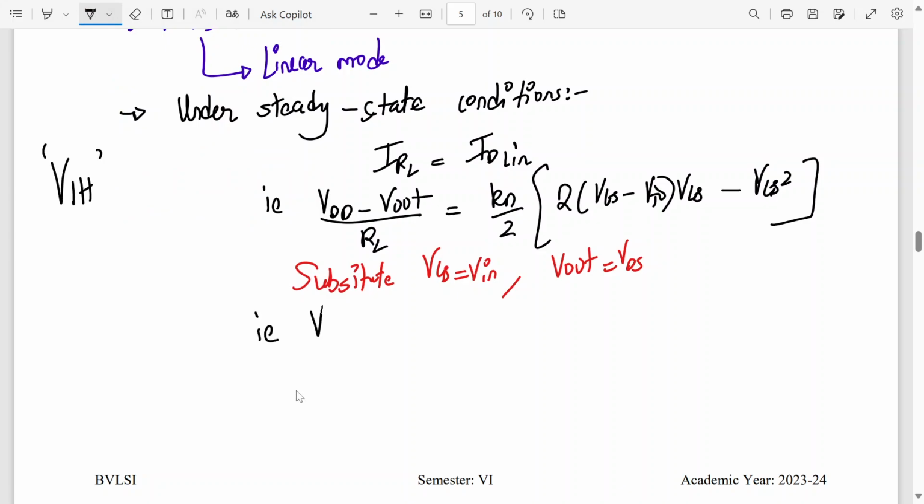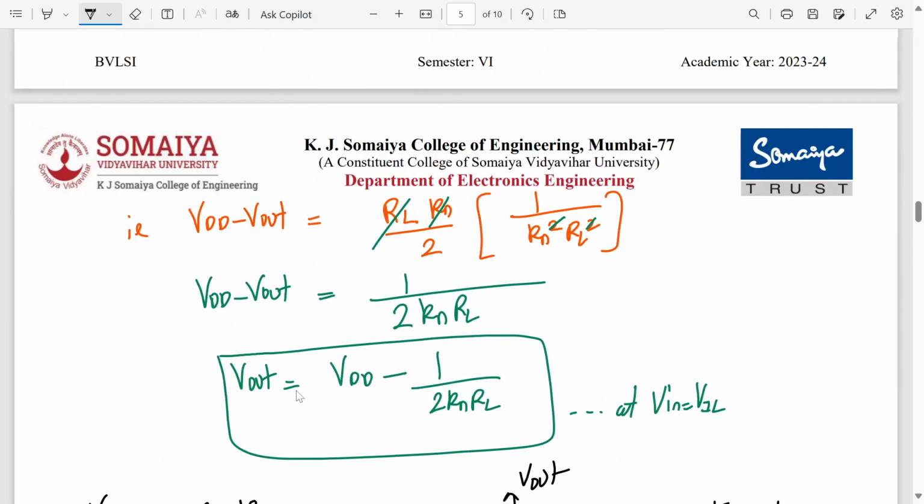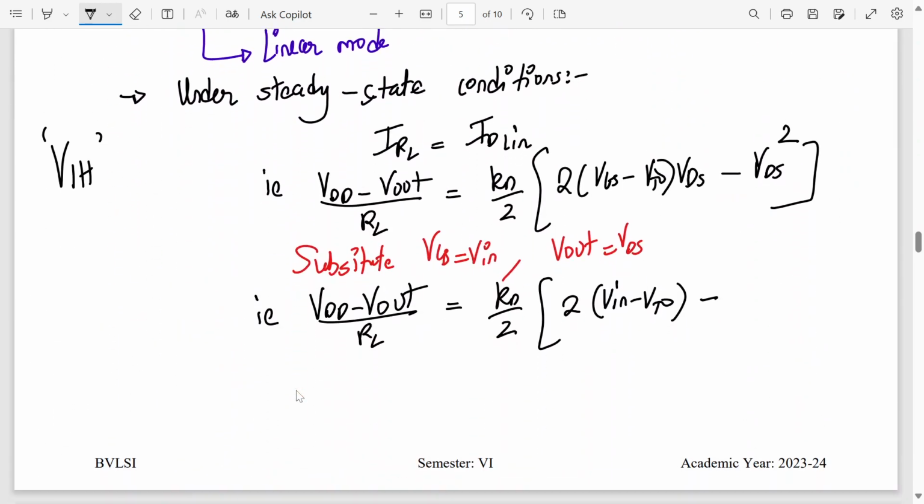So that is VDD minus V out upon RL is equal to Kn by 2 twice VGS is V in, so V in minus VTO, minus VDS is V out. So wherever there is a VDS term, V out will come, right? This is V out square. You can check it out later.